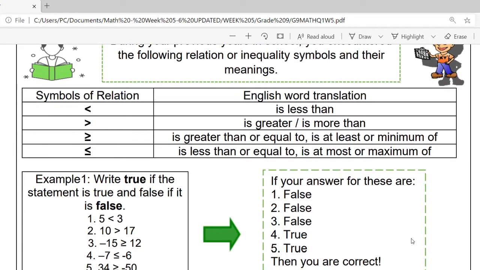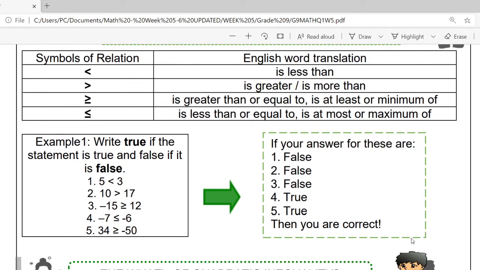So we have here the symbols of relation and the corresponding word translation. This one is being read as, or can be translated into words as, is less than.